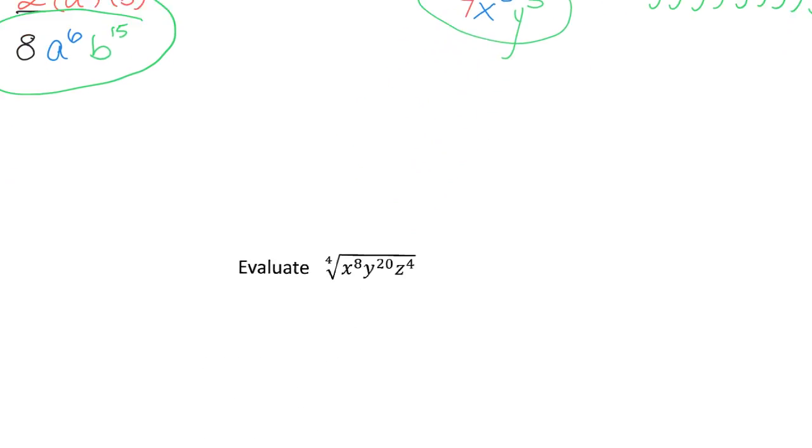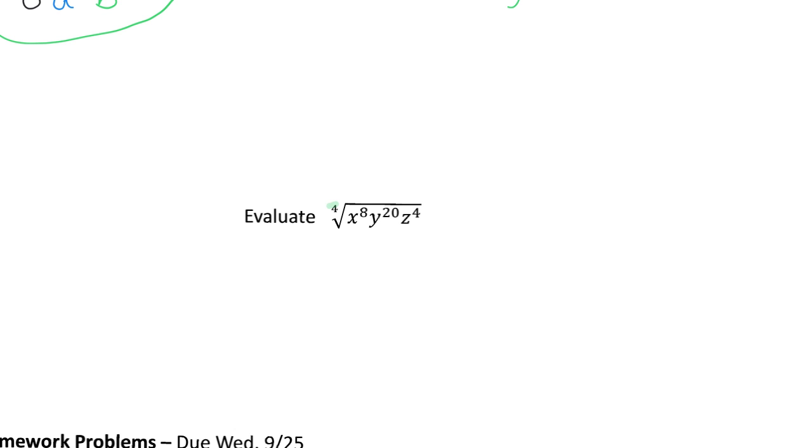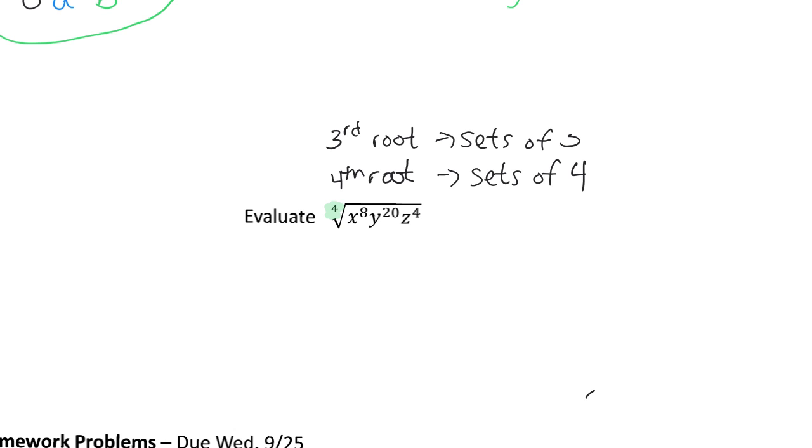But looking at this next example, there's a crazy 4 right here. That 4 means that it's a 4th root. So instead of looking for pairs or sets of 2, now we're looking for sets of 4. If it's a 3rd root or a cubic root, we'd be looking for sets of 3. So whatever that root is, we're looking for sets of that number.